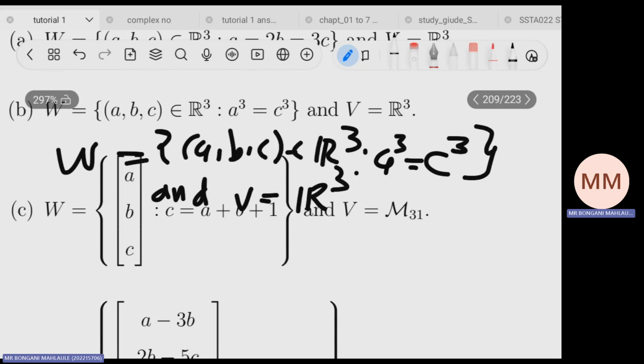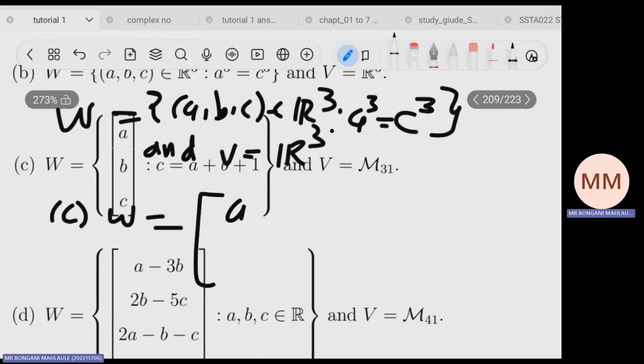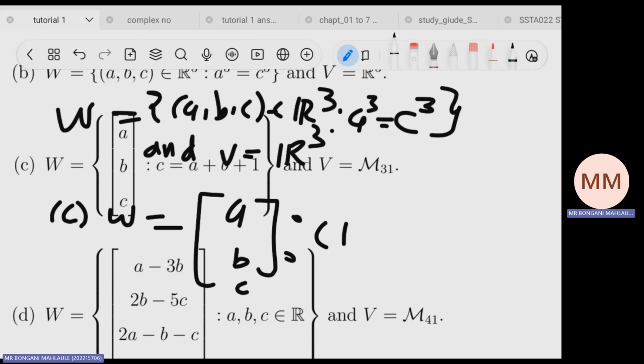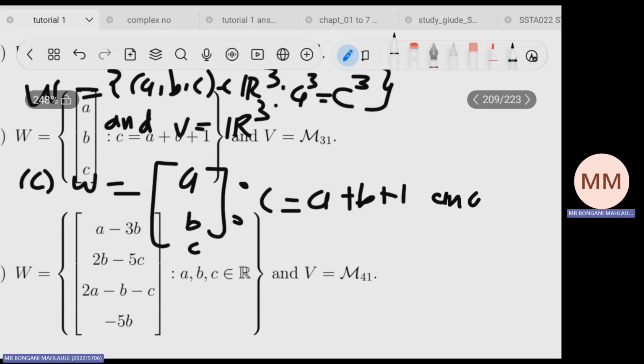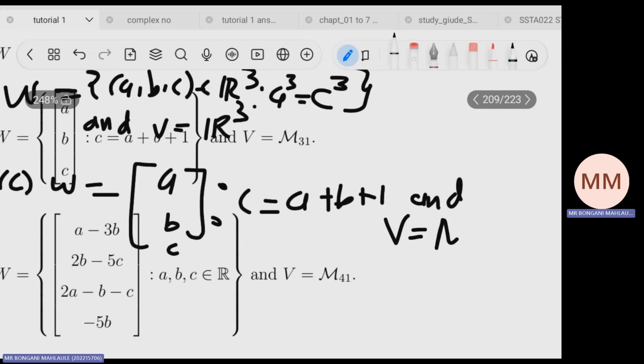And let me also take letter C, and V is equal to F3.